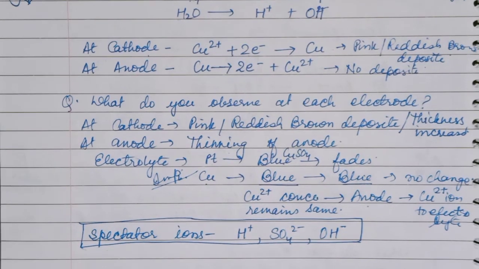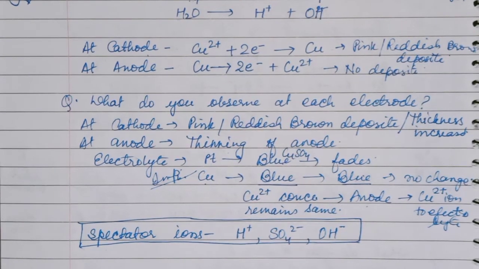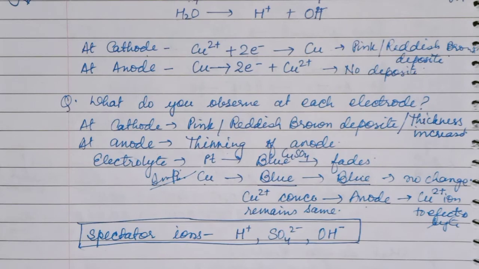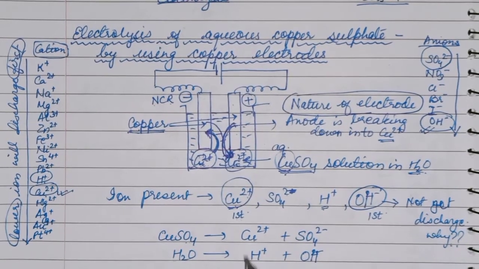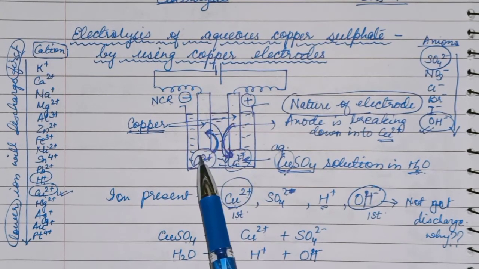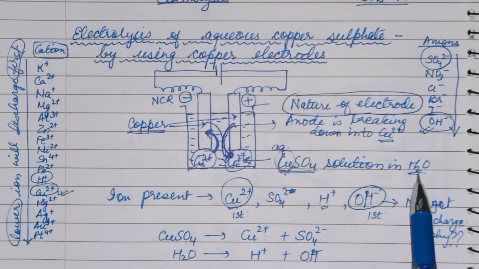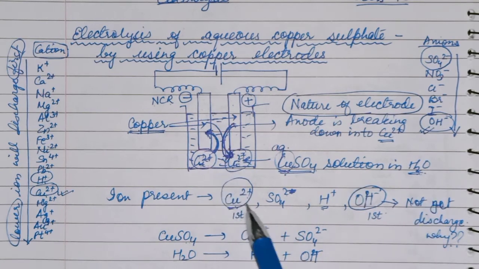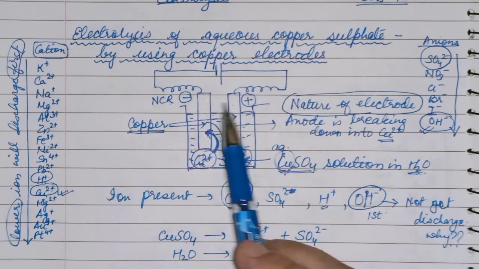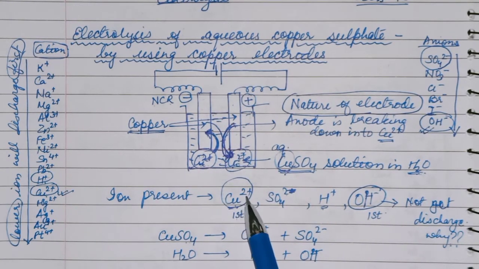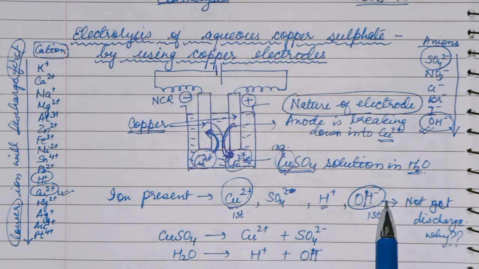Now children, is it clear to you all? One more time I will explain the electrolysis part. See here, the electrolyte is aqueous copper sulphate solution. Aqueous means it is forming a solution in water. So the ions we have when electricity is passed are Cu2+, SO4 2-, H+ and OH- ions.